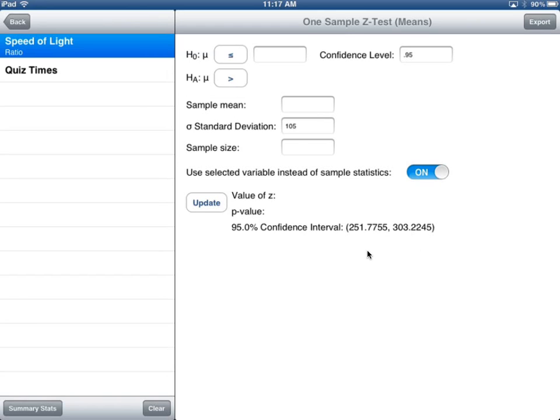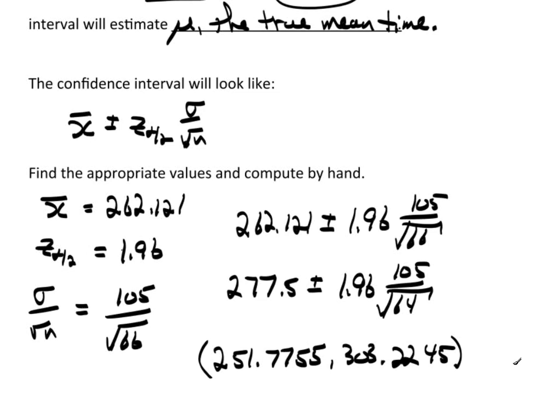Now what is extremely awkward about this is using this 105 for the standard deviation, because in reality we don't know what sigma is. And because we, in reality, never really know what sigma is, we have to estimate it with S. And that's going to change some of this, which is going to lead us to the next section.